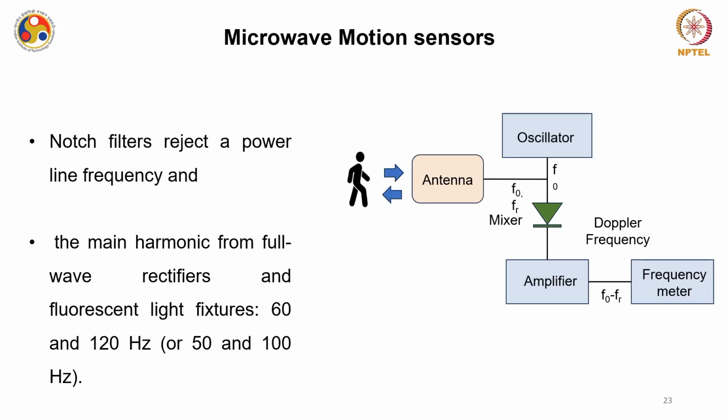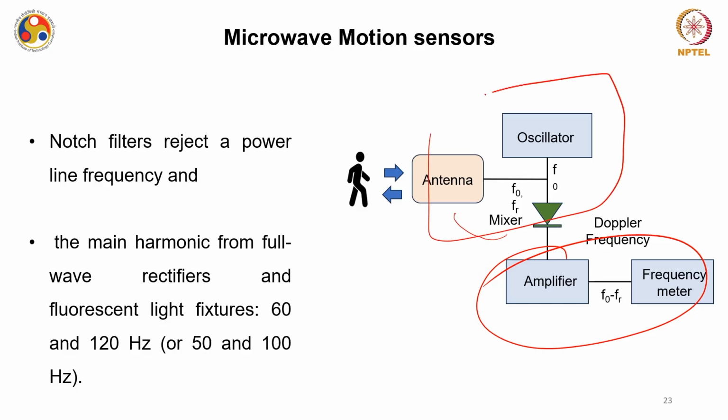That's how a microwave motion sensor detects, with simpler amplification but a complicated Gunn oscillator and antenna. Particularly the coupling of this is very important. The post processing after the mixer is much simpler as compared to the other components, and that's why we have put more stress on these three parts: mixer, oscillator, and the antenna. So this is the very basic of how a microwave motion sensor works.